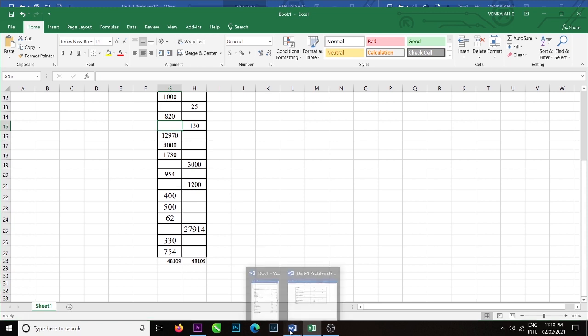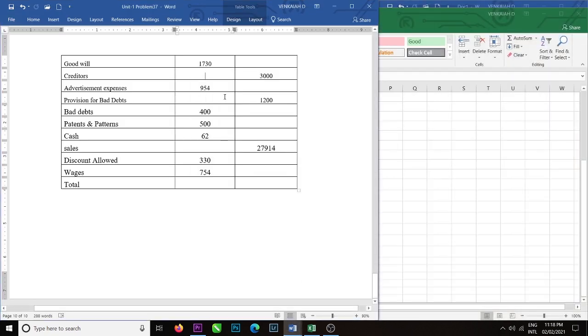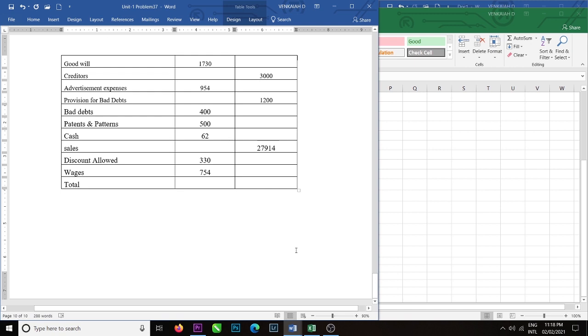Okay, some mistake in posting the amount. Rent outstanding, maybe I posted on the debit side. Yes, outstanding rent is liability. So debit amount total is 48,109. Credit amount also 48,109, so debit total is equal to credit total.